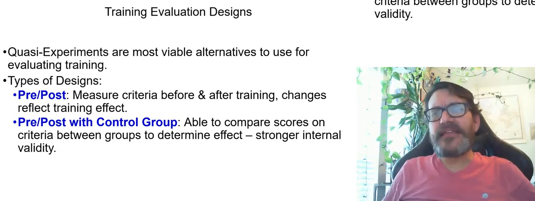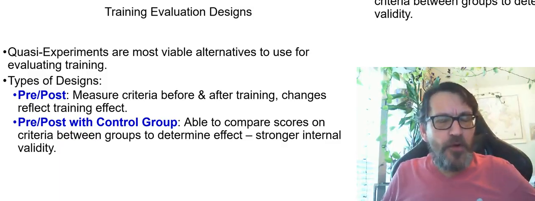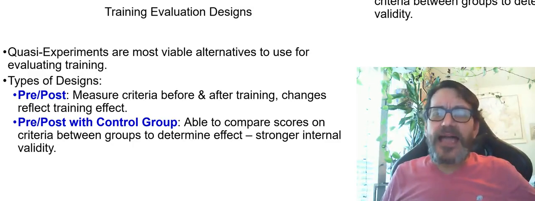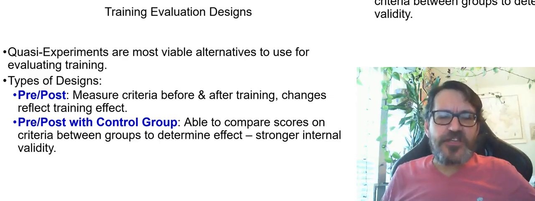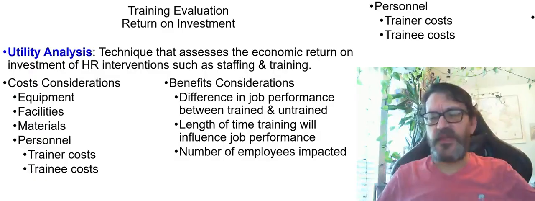And so the idea is there's naturally going to be changes in the productivity of your organization, naturally, okay? And so by using a control group, you can isolate how much of the change that's occurring is a result of just natural change versus the result of the training itself, okay?